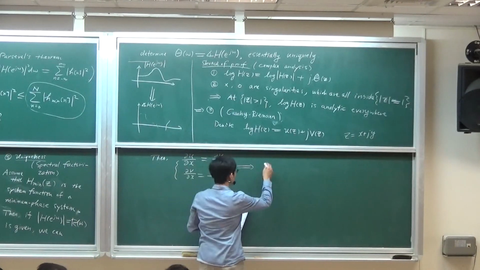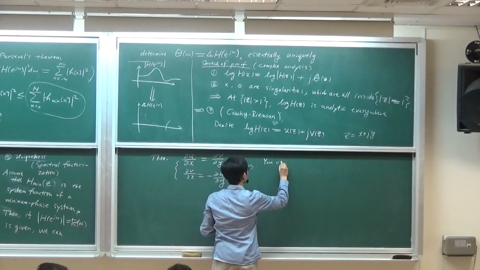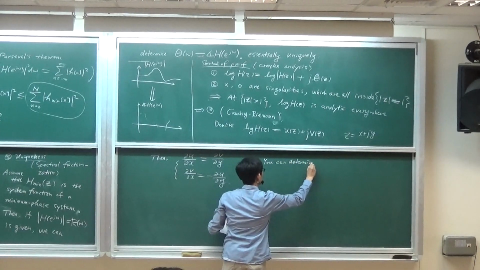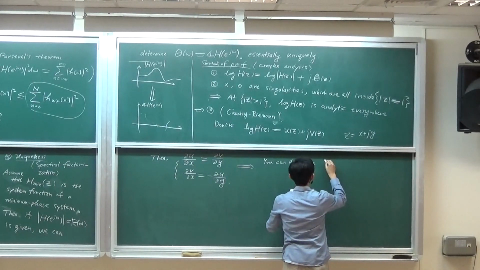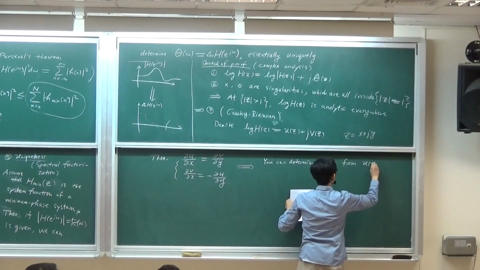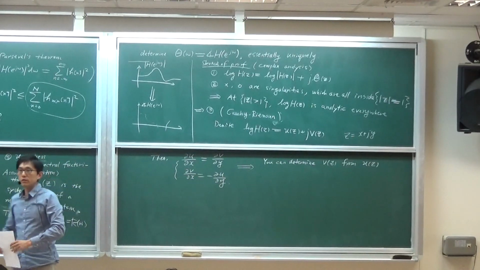So the idea is becoming clearer. Because of this interdependence, you can determine v from u, in particular v(z) from u(z). How exactly that can be done is referred to complex analysis.